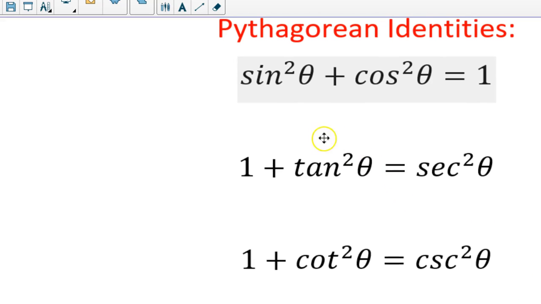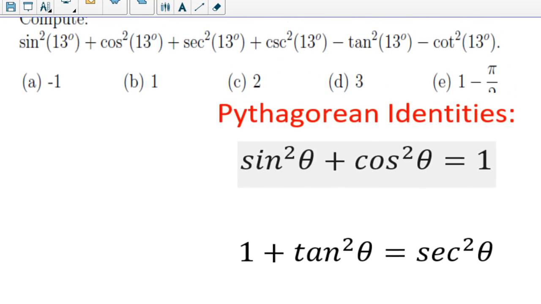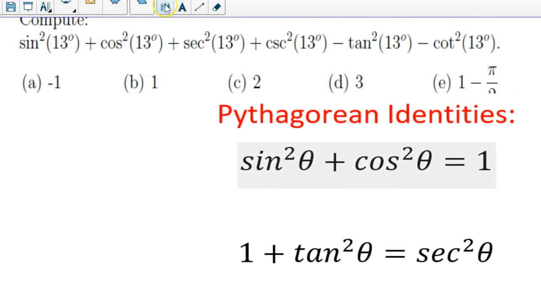Alright, so first one, if I use the first one, sine square theta plus cosine square theta equal to 1. This 13 degrees and 13 degrees, the same angle, that is also the same. Hence, sine square plus cosine square, in this case 13 degrees, together it becomes 1.